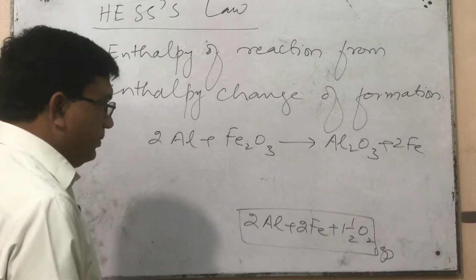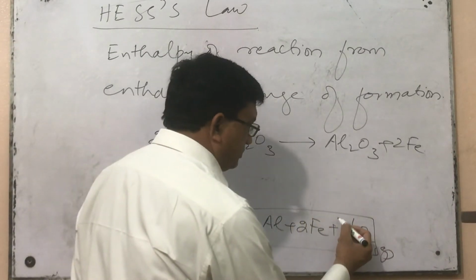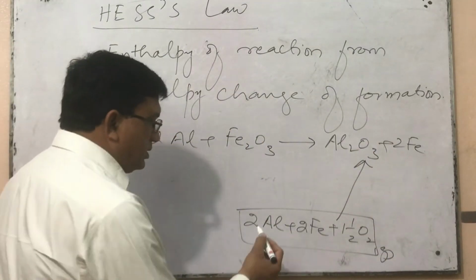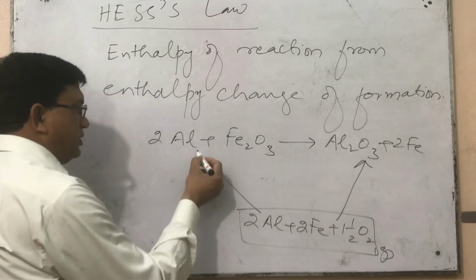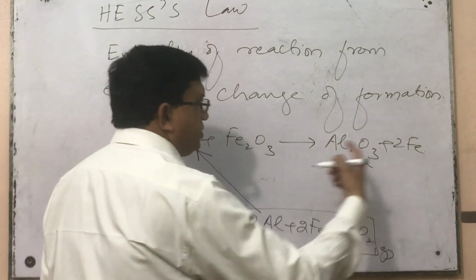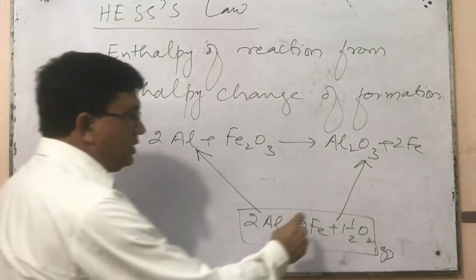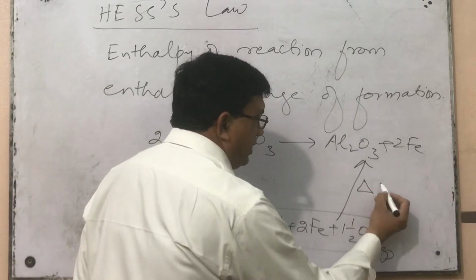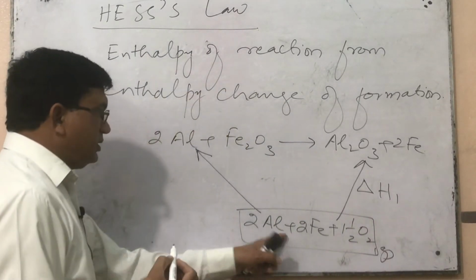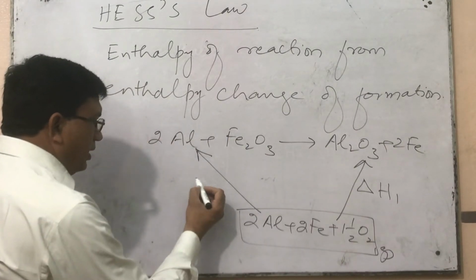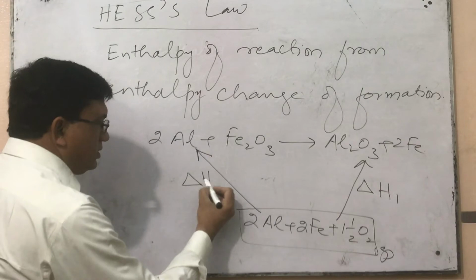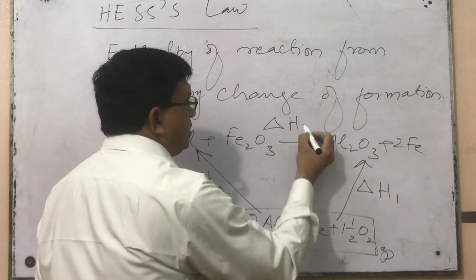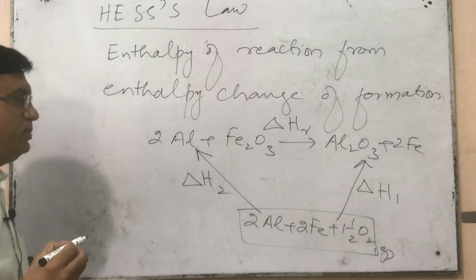Now these elements can produce the products directly, or these elements can produce a reactant first and then the reactant changes into the product. Now this is our direct route that might be considered as delta H1. Now this is the indirect route. Then this side, the enthalpy change may be considered as delta H2, and this is the enthalpy change of reaction.